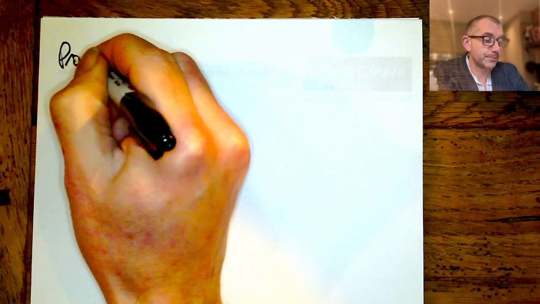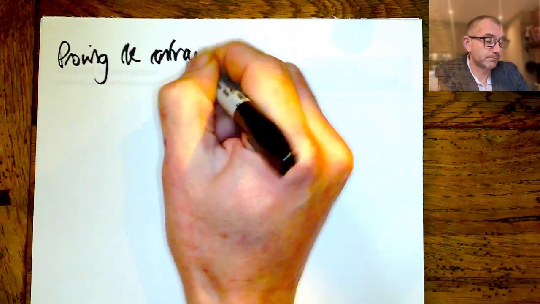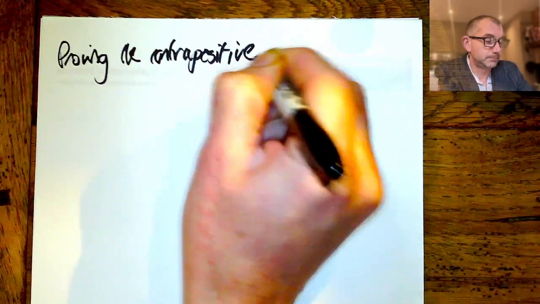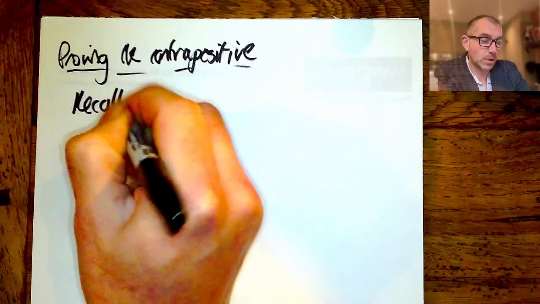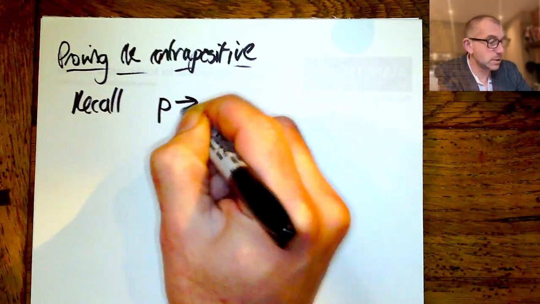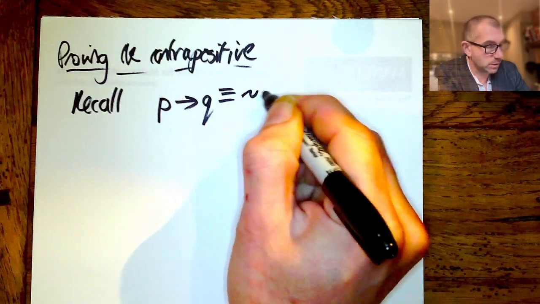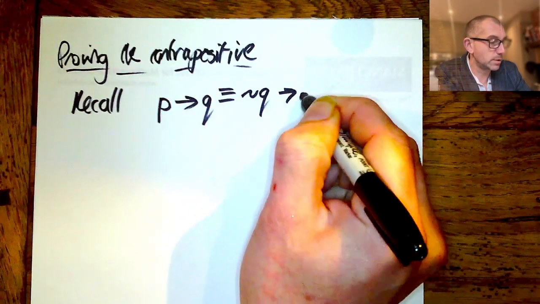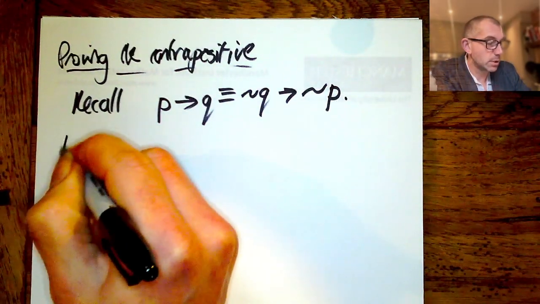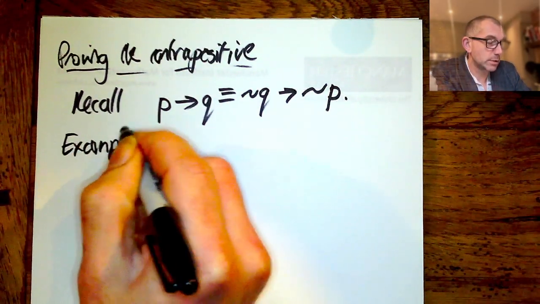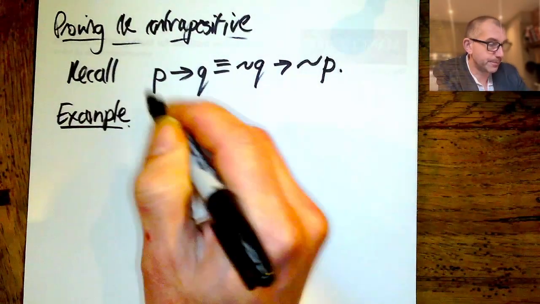So, proving the contrapositive. Recall that P implies Q is the same statement and equivalent to the statement that not Q implies not P. So let's have a look at an example to see how sometimes proving the contrapositive can make things easier.